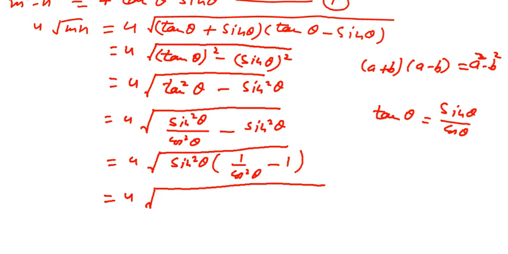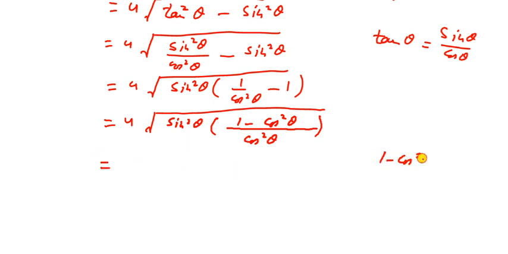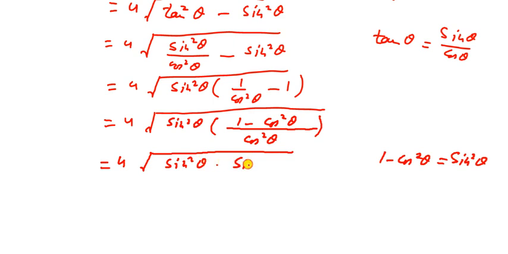It is 4 square root of sin square theta. Taking the LCM, which is cos square theta, we get 1 minus cos square theta. As you know, 1 minus cos square theta is equal to sin square theta. So it becomes 4 square root of sin square theta into sin square theta upon cos square theta.